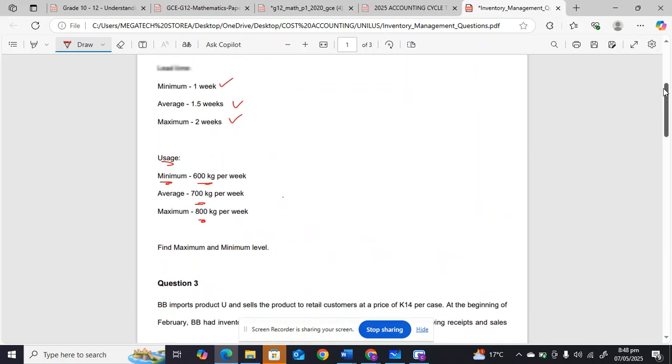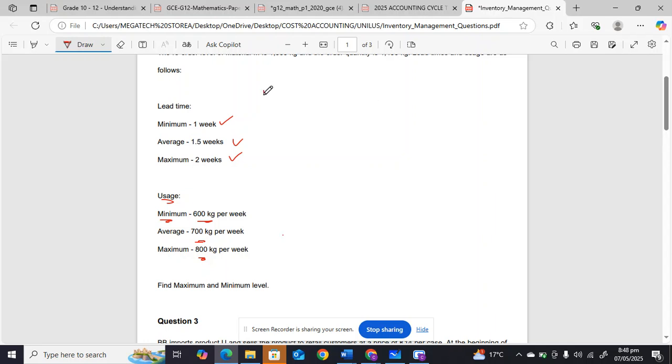So for the maximum level, please write this formula down because in the exam they don't give it to you.